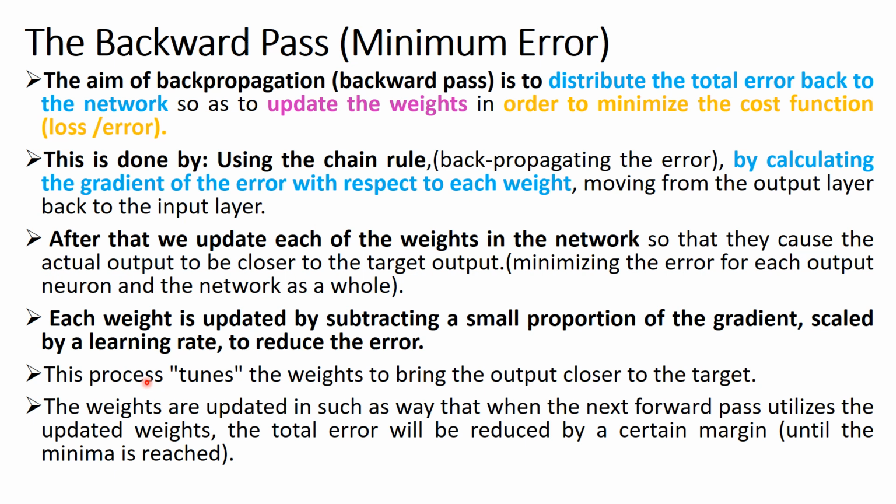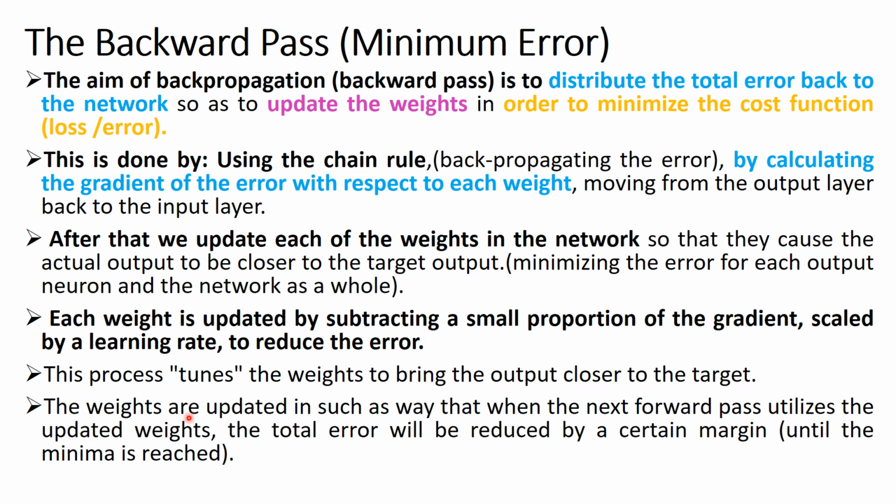This process tunes the weight to bring the output closer to the target. العملية دي بتقوم بالتيونينج للأوزان بحيث إننا نقرب الخرج الأكشوال البريدكتد من التارجت، نقرب البريدكتد إلى التارجت.